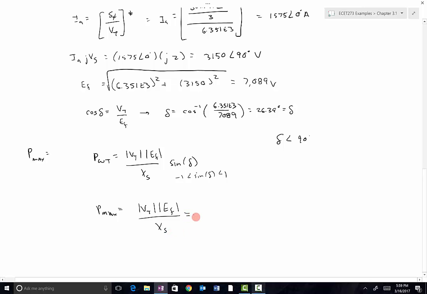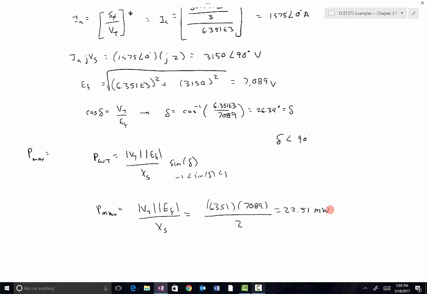So that means we have 6351 times the value we calculated for E_F, 7089, divided by 2. So that gives me 22.51 megawatts of output power.